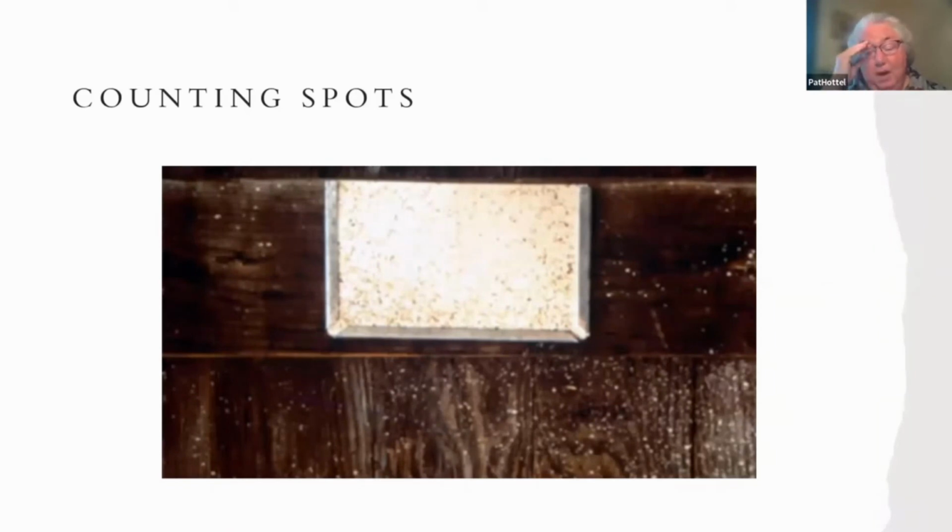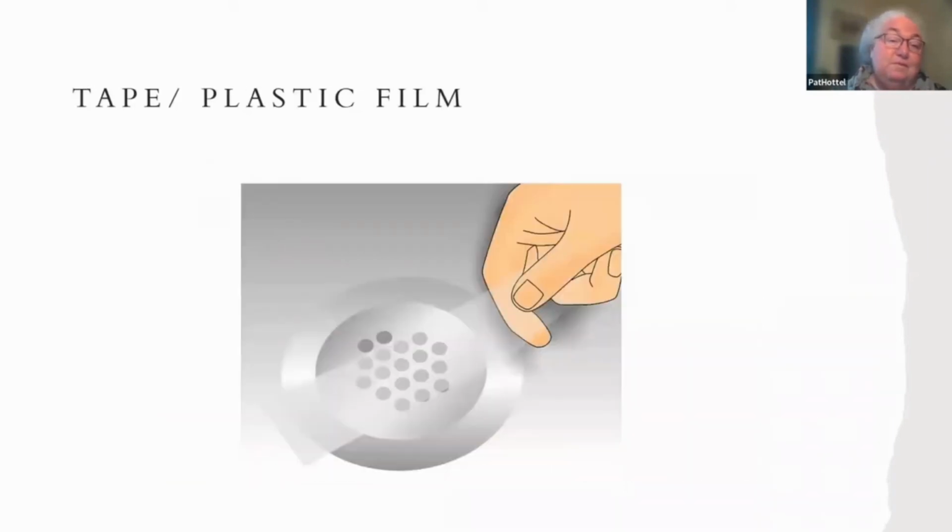You can count spots over time, how they increase, as a measurement of success in fly control, or as a threshold trigger for treatment. More of what I would say is an inspection technique versus monitoring, but I did put this in here.